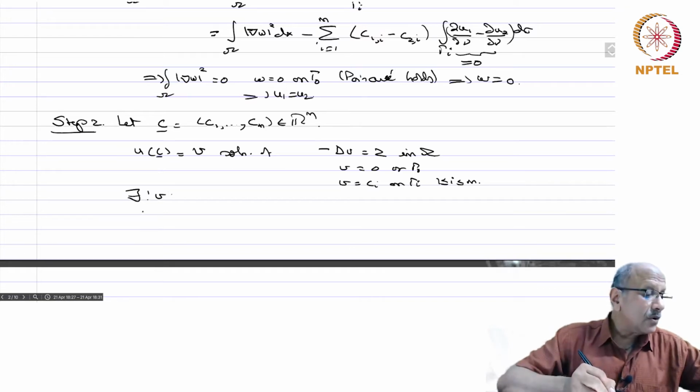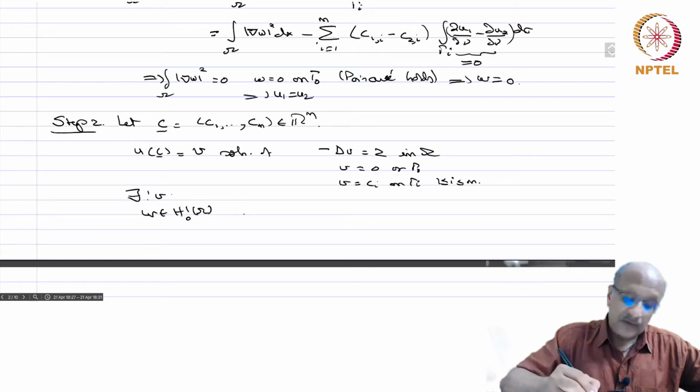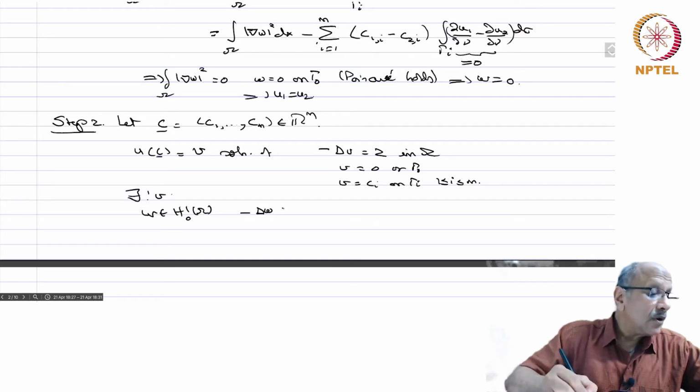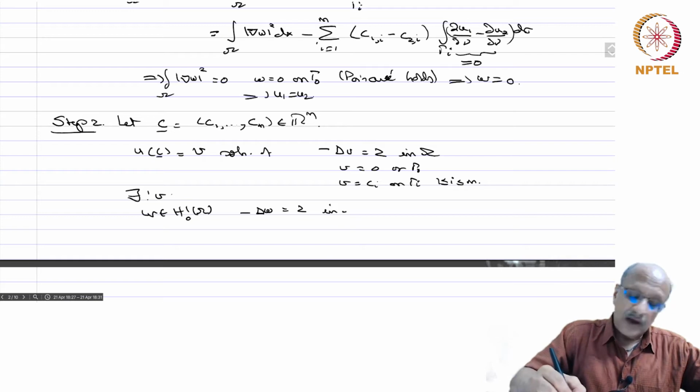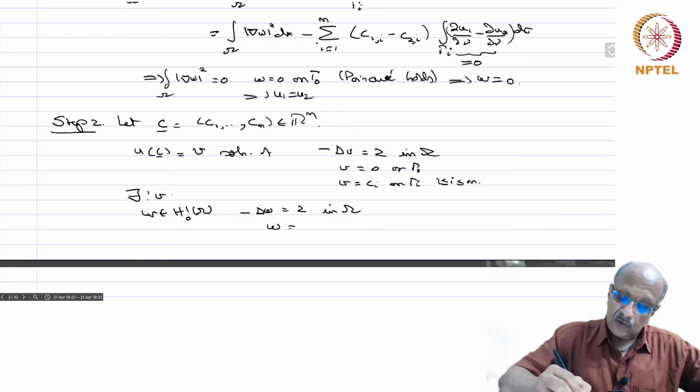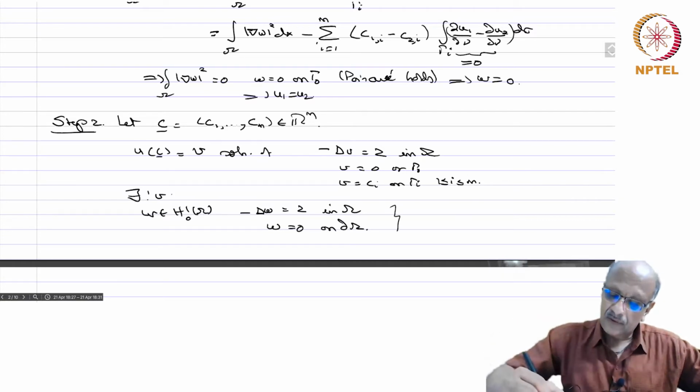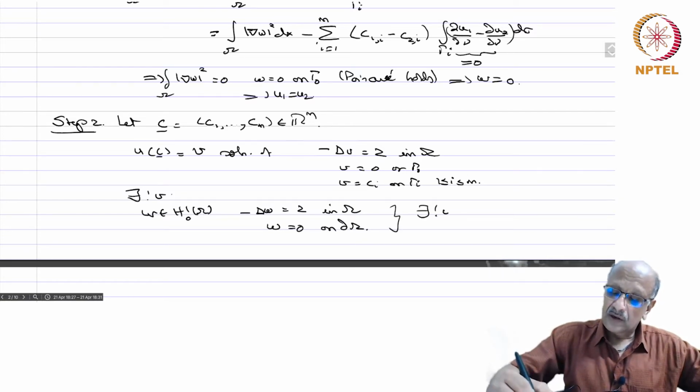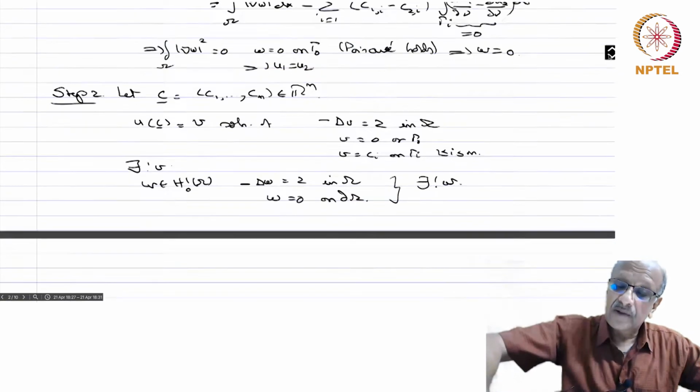And let W in H1 0 of omega be such that minus Laplacian W equal to 2 in omega and W equal to 0 on d omega. This also exists, there exists a unique W. So this also is fine.